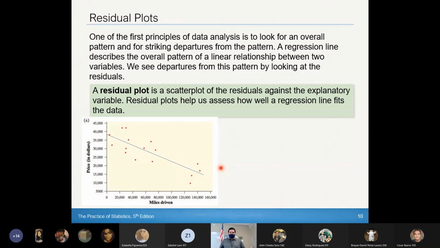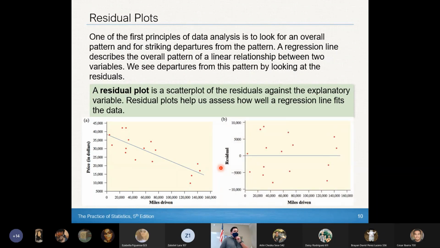So here we have our scatter plot for miles driven versus price. And here is the residual plot. The horizontal line here represents a residual of 0. So a point that lies right on the regression line would lie right on this line equaling 0.